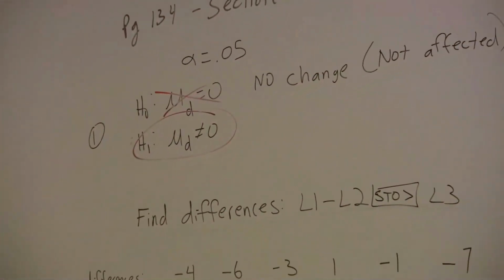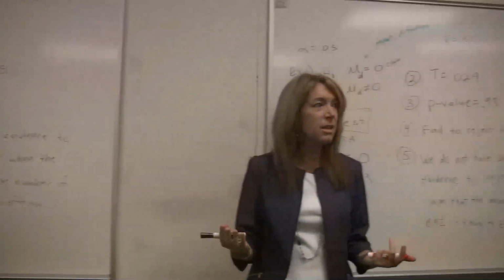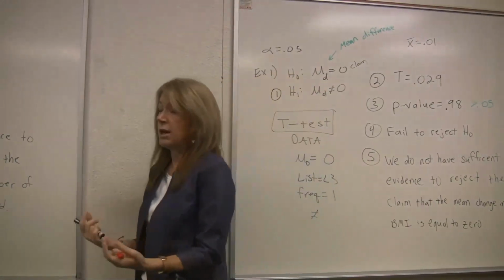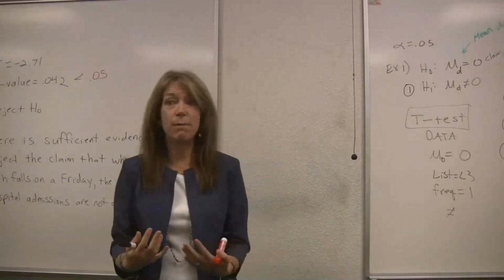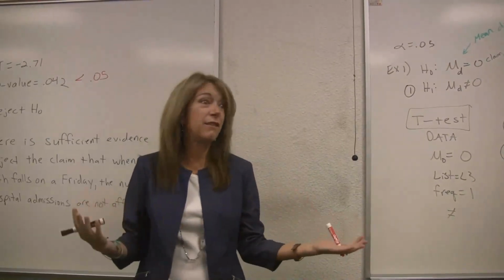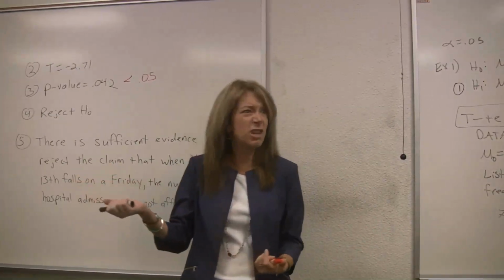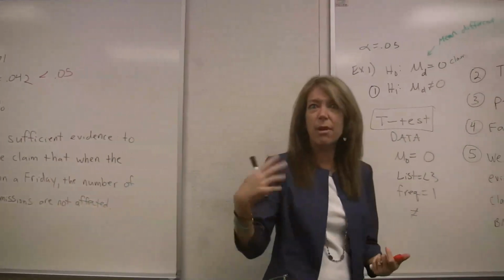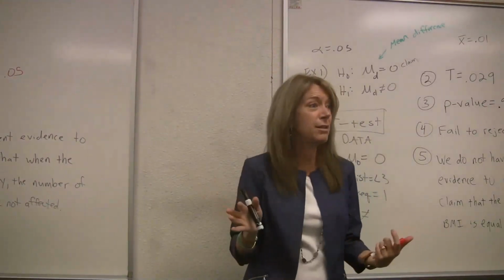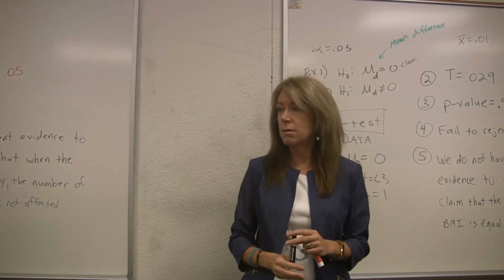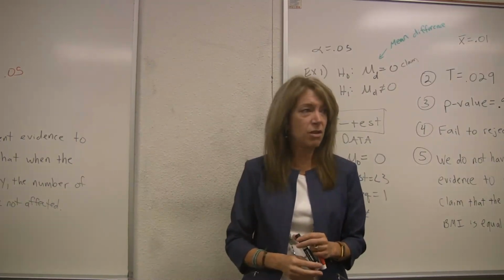We rejected that there was no change. So double negative makes it hard to interpret. It appears that it does affect it. Now, some people could argue it's because of bad luck. Some people could say that maybe people take more chances because it's Friday the 13th. I mean, we don't know why, but the evidence shows that there is a difference from the 7th of the month to the 13th of the month for whatever reason. That's not our job to figure out the why. Everyone see that it shows there is a difference?